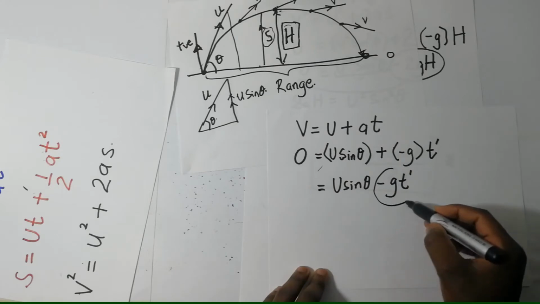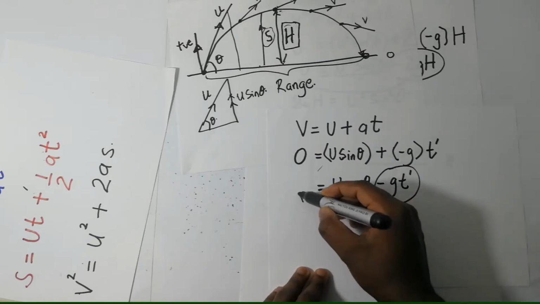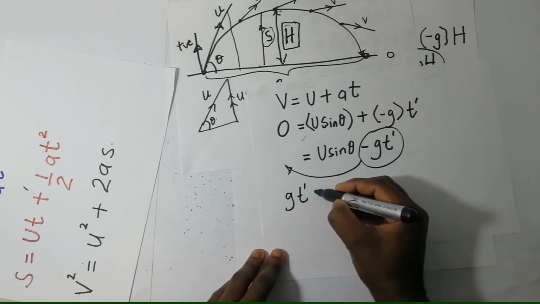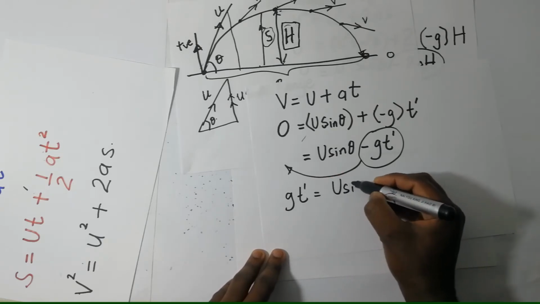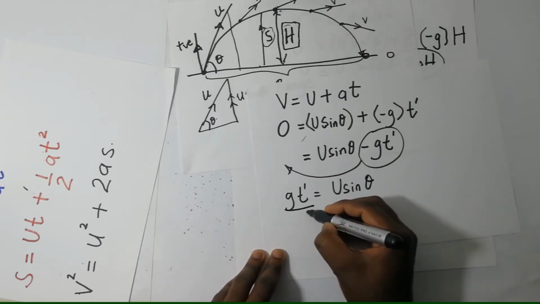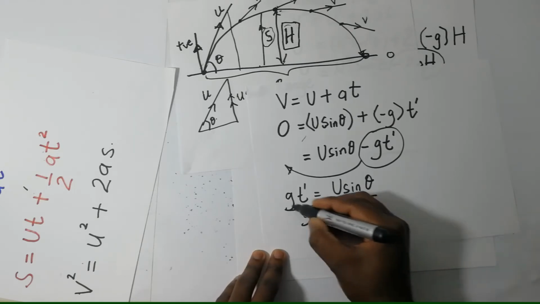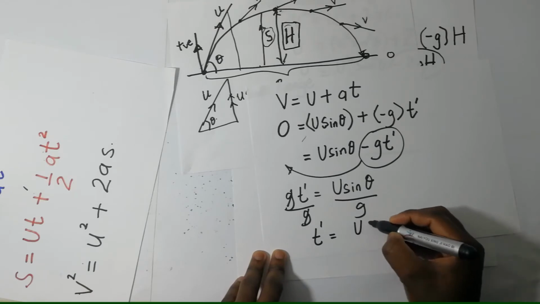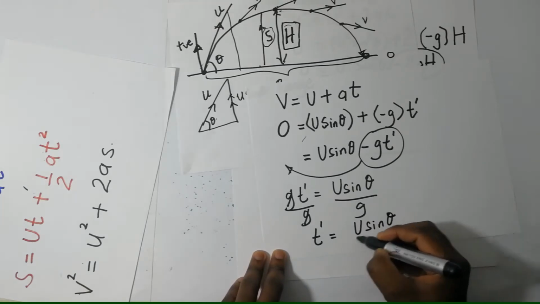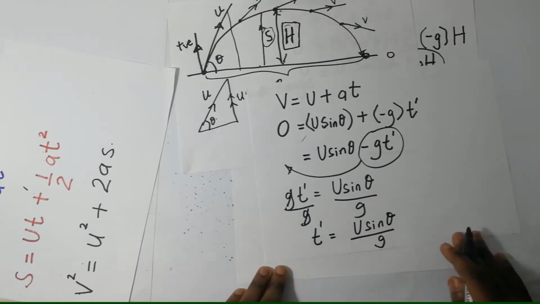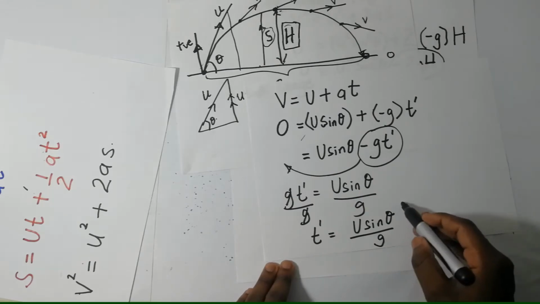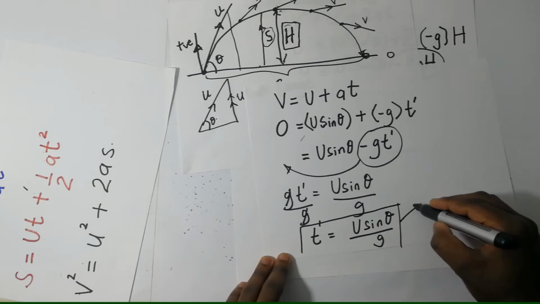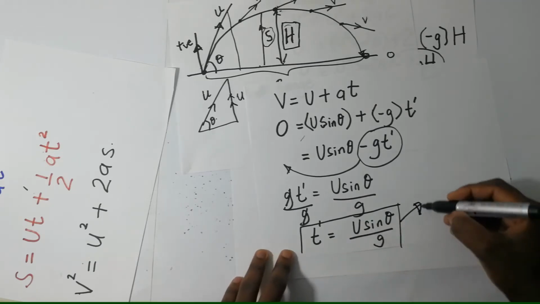So g t prime is going to be equal to u times the sine of theta. When we divide both sides by g, we end up with t prime equal to u sine theta over g. And so this right here is the expression for the time taken to reach maximum height.